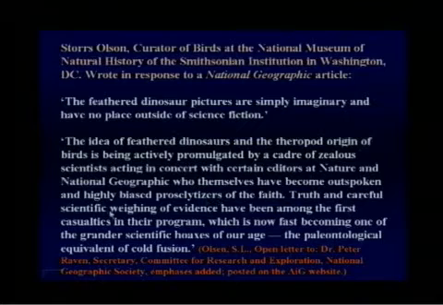Truth and careful scientific weighing of evidence have been among the first casualties in their program, which is now fast becoming one of the grander scientific hoaxes of our age, the paleontological equivalent of cold fusion. There's no such thing. And yet, our children are being subjected to it every single day.